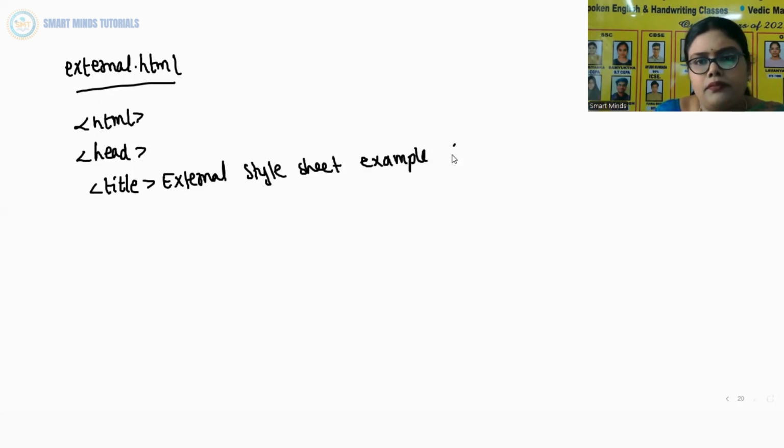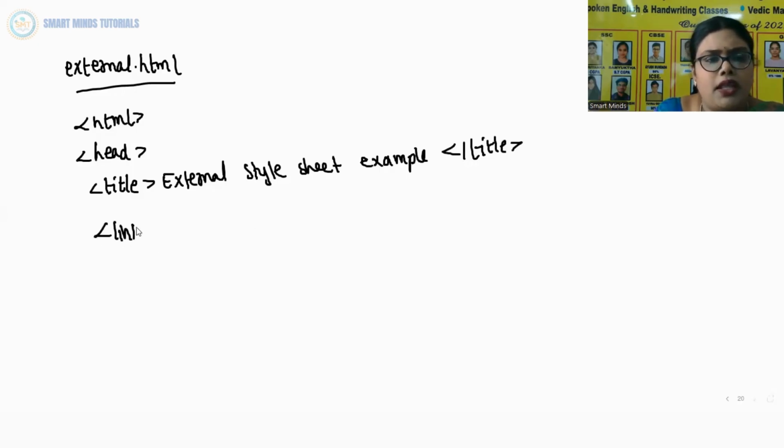Now this is a continuation. Now we take another file name, that is external.html. So first we give the HTML tag and then we give the head tag, then the title tag, external style sheet example, and close the title tag.